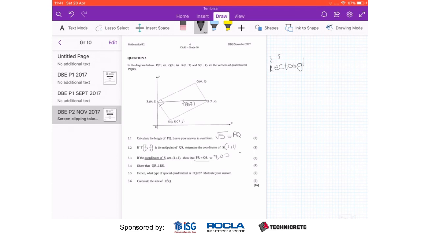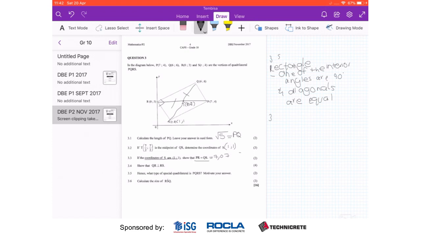So rectangle, and your reason is because firstly we can say that one of the interior angles is 90 degrees, and we proved that PR and QS are equal in length, so the diagonals are equal. Okay, last question.